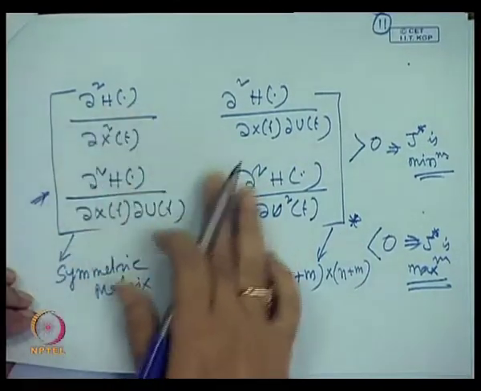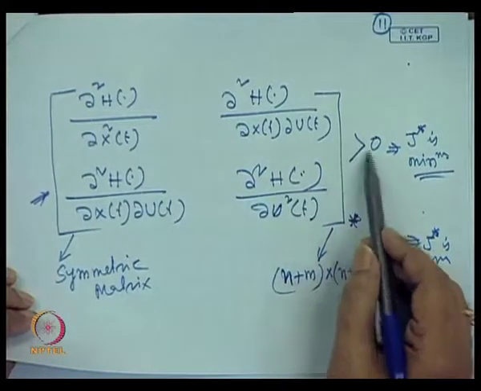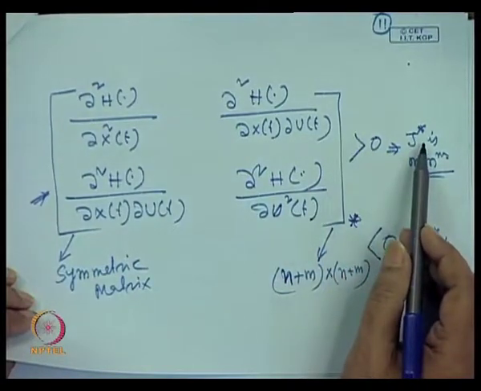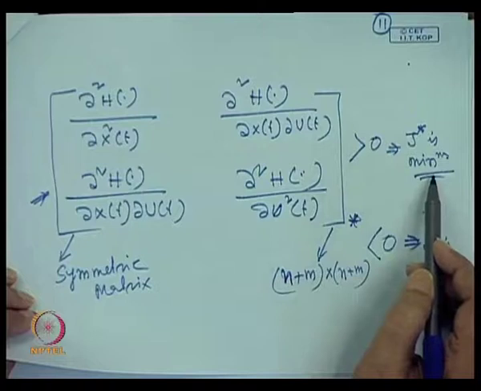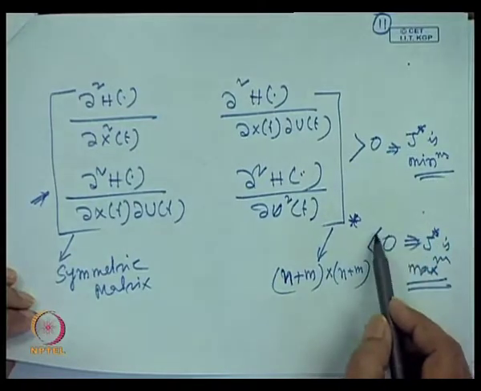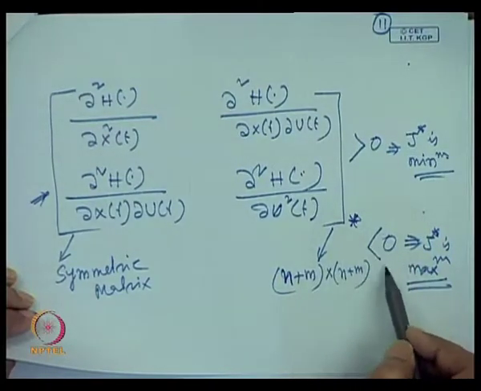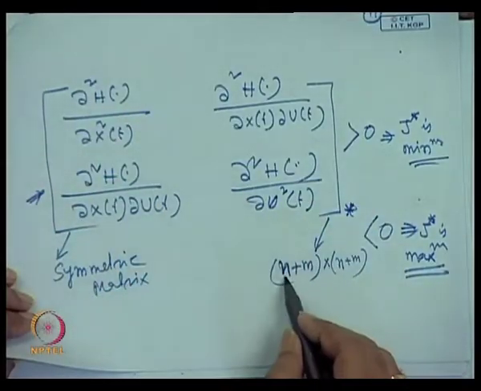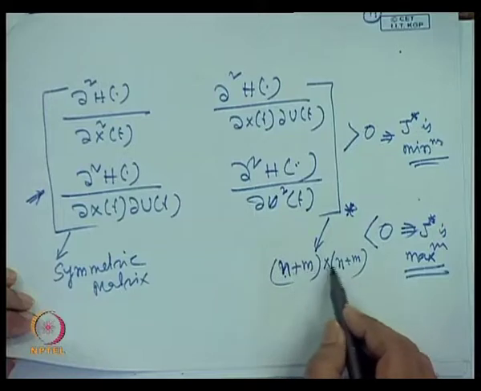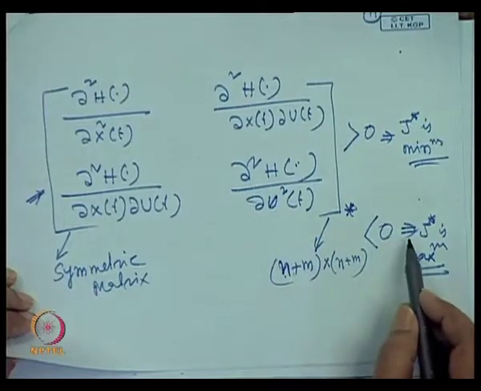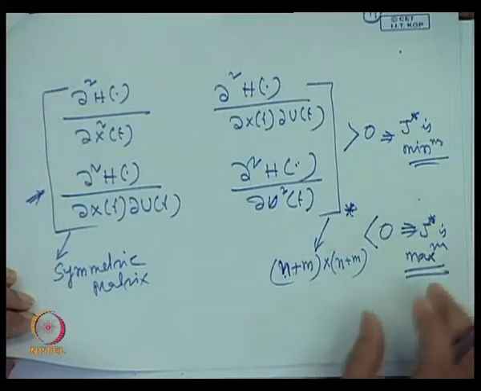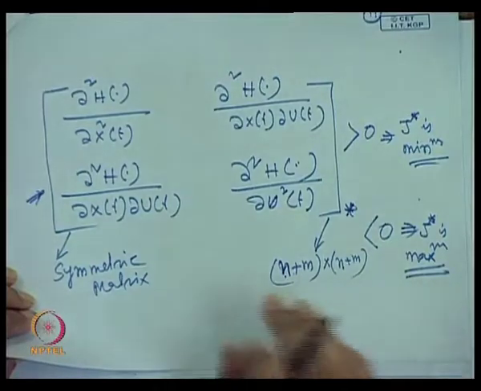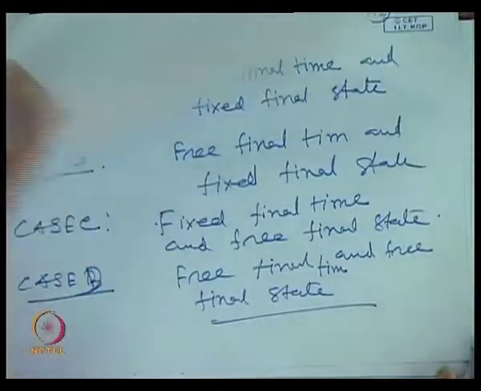We have to form this matrix, and if it is greater than 0, that is positive definite, then J, our performance index, is minimum. If it is less than 0, that means it is a negative definite matrix, and this matrix has dimension n plus m by n plus m. If it is negative definite, then J is maximum, that means the performance index value is maximum.